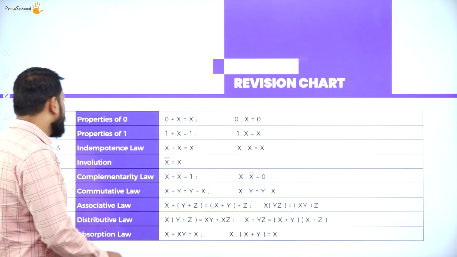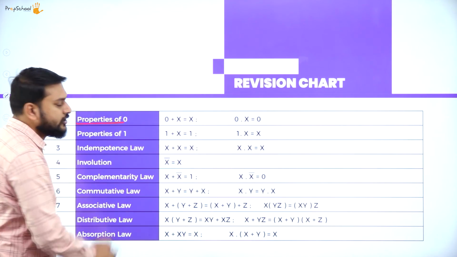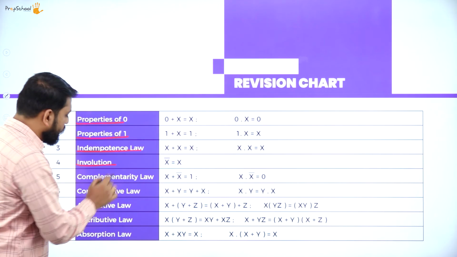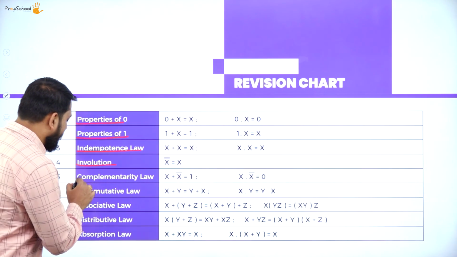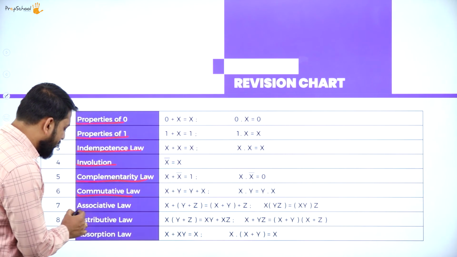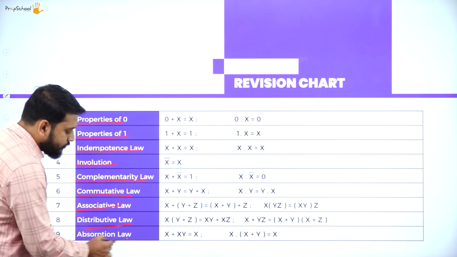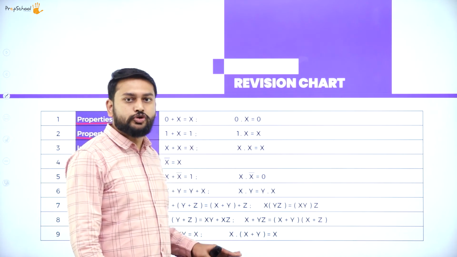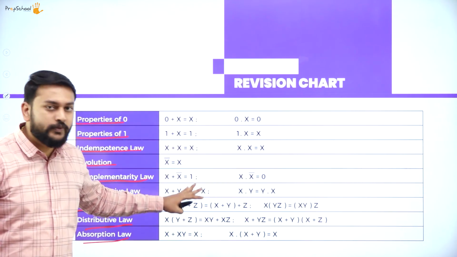So what do we have? We have discussed properties of 0, properties of 1, idempotence law, involution law, complementarity law, and then commutative law, associative law we have discussed today, and distributive law and absorption law. This is what we have discussed. So guys, please go through all these laws.